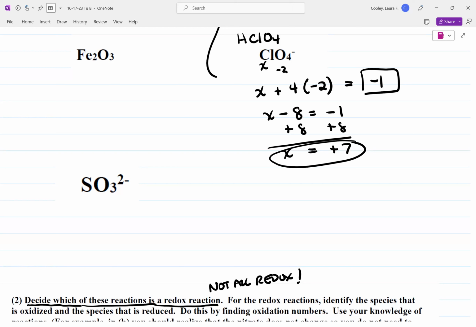Oh, yeah, so for a polyatomic ion, the oxidation numbers sum to the charge on the ion. Okay, thank you.